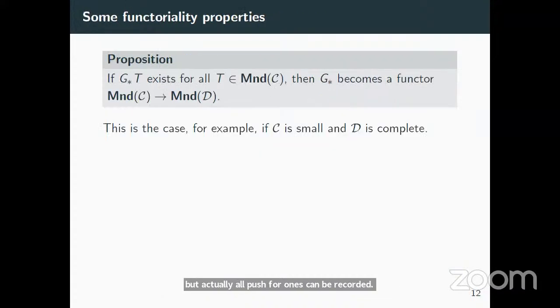Okay, and then one last thing before I start with the examples is some functoriality properties of this construction. So this G star T depends on the existence of the right Kan extension. Let's assume for now that it exists for all monads on C. Then we get a functor G star from monads on C to monads on D. This is, for example, the case if C is small and D is complete.